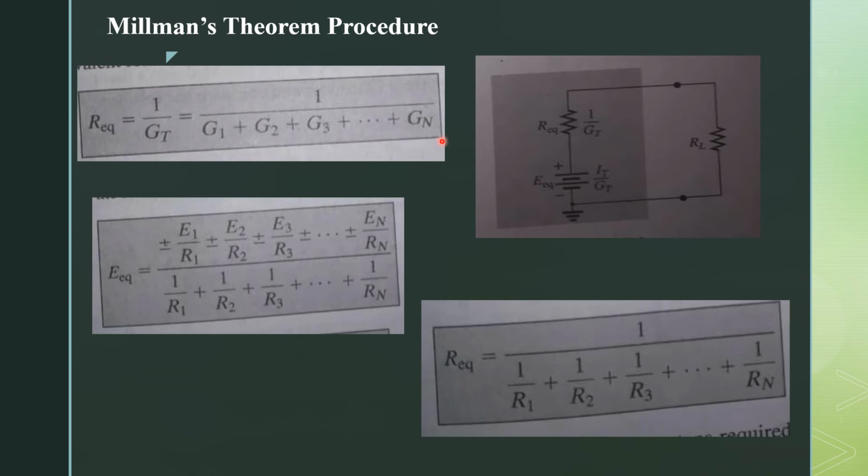Now, if we write these equations in terms of resistance, E equivalent is equal to E1 by R1, which is I1, E2 by R2, which is I2, similarly I3 and IN, divided by 1 by R1 plus 1 by R2 plus 1 by R3. Similarly, R equivalent is the formula of resistors in parallel: 1 divided by 1 by R1 plus 1 by R2 plus 1 by R3 up to 1 by Rn.